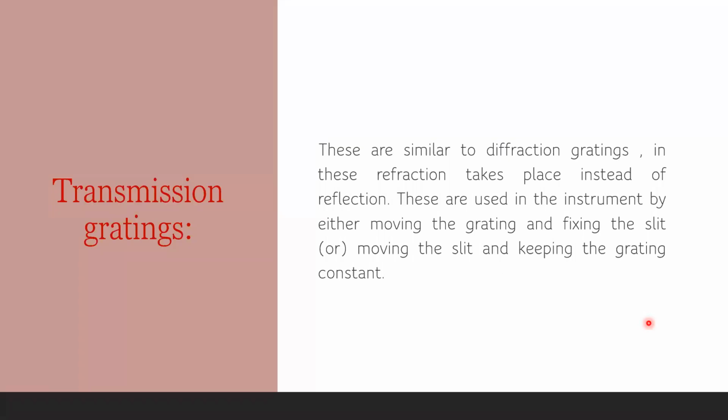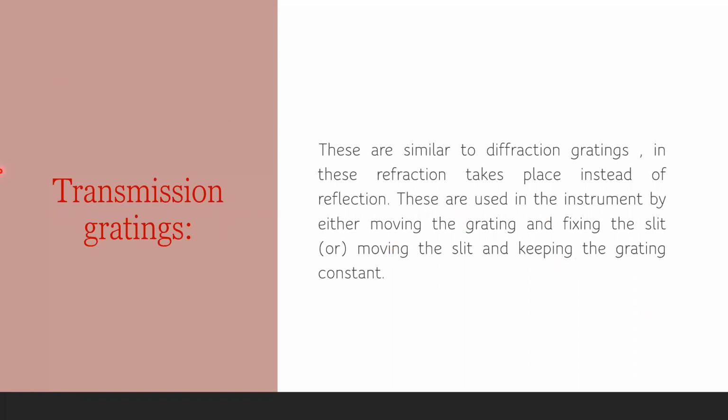And the second one is transmission gratings. These are similar to diffraction gratings. In these, refraction takes place instead of reflection. These are used in the instruments either by moving the grating and fixing the slit, or moving the slit and keeping the grating constant.